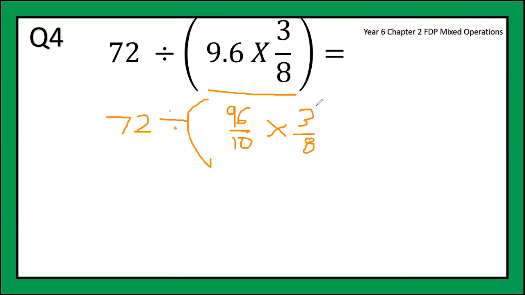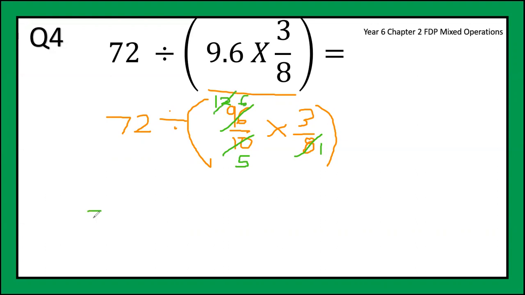So how do I simplify? I know 96 exists in times table 8. So 8 divided by 8 is 1. 96 divided by 8 is 12. See that? 8 times 10 is 80, 88, 96. And then 12 and 10 also can divide. So this becomes 5 over 2, and this becomes 6.